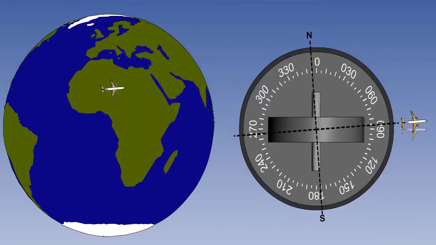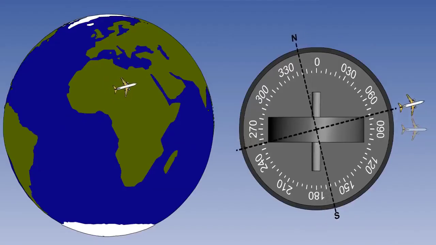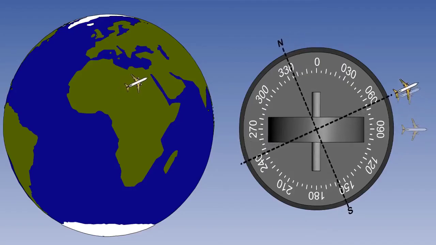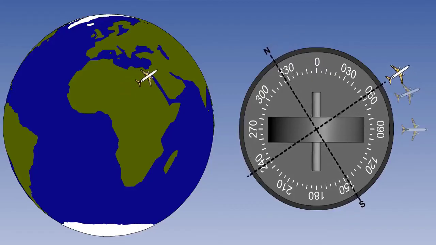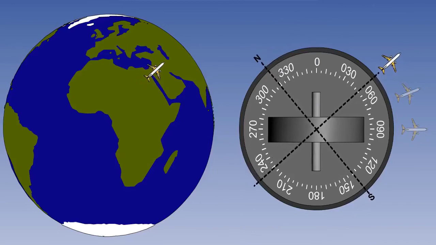The second factor which causes apparent wander to an earthbound observer is known as transport wander. This occurs when the gyro is transported in either an easterly or westerly direction across the Earth, at latitudes other than the equator. As with apparent wander due to Earth rate, the gyro spin axis remains fixed to a point in space.